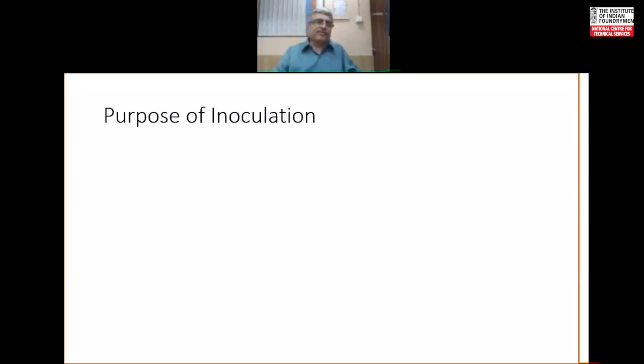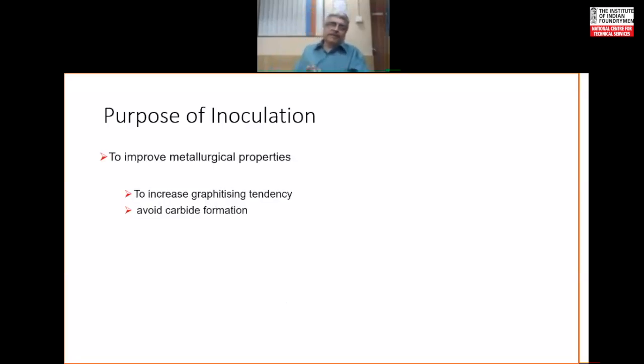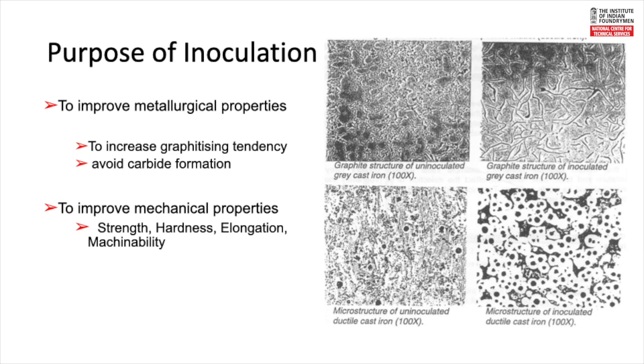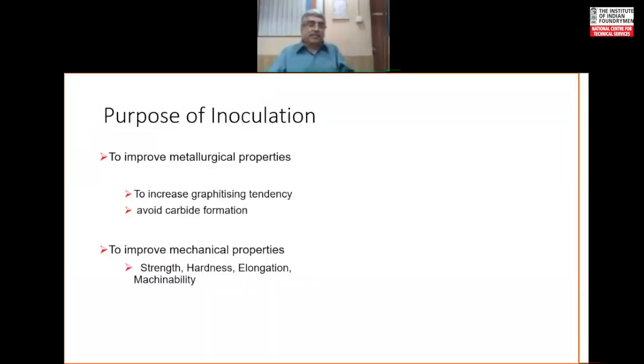What is the purpose of inoculation? It is pretty simple. It is to improve the metallurgical properties, that is, to increase the graphitizing tendency and avoid the carbide formation, cementite formation. It also improves mechanical properties such as strength, hardness, in case of ductile irons, elongation, and machinability.